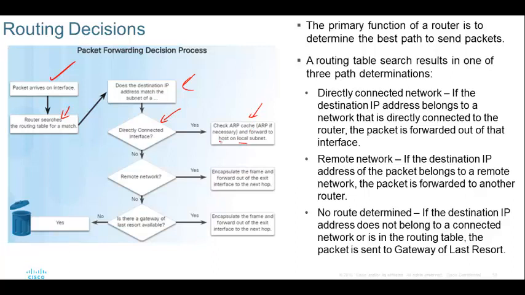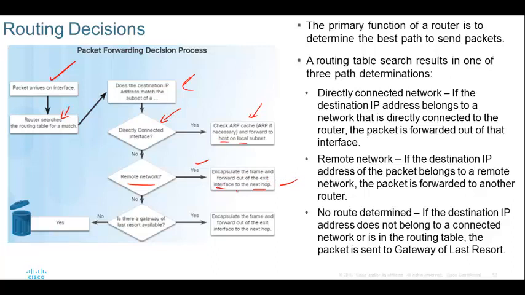If it is not directly connected, is it a remote network? If yes, the route is available, then change the MAC address of the layer 2 with the MAC address of the next hop router, encapsulate it and send it via the exit interface.